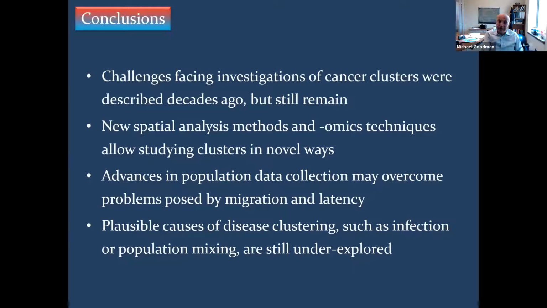We do have certain breakthroughs, specifically as they relate to various omic techniques, so molecular fingerprinting of cancers, as well as novel spatial analysis methods that may allow us to study clusters in ways that haven't been done before.